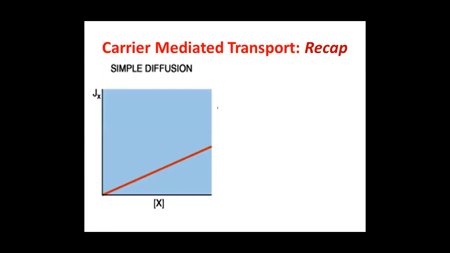So this is simple diffusion. When the concentration of X, or the concentration gradient of X, dC/dx, is increasing, the rate of transport is increasing linearly.